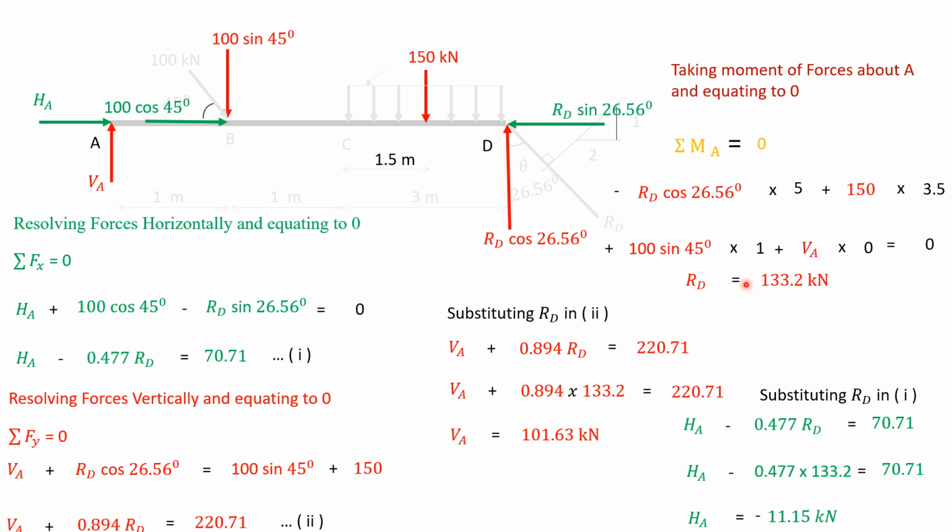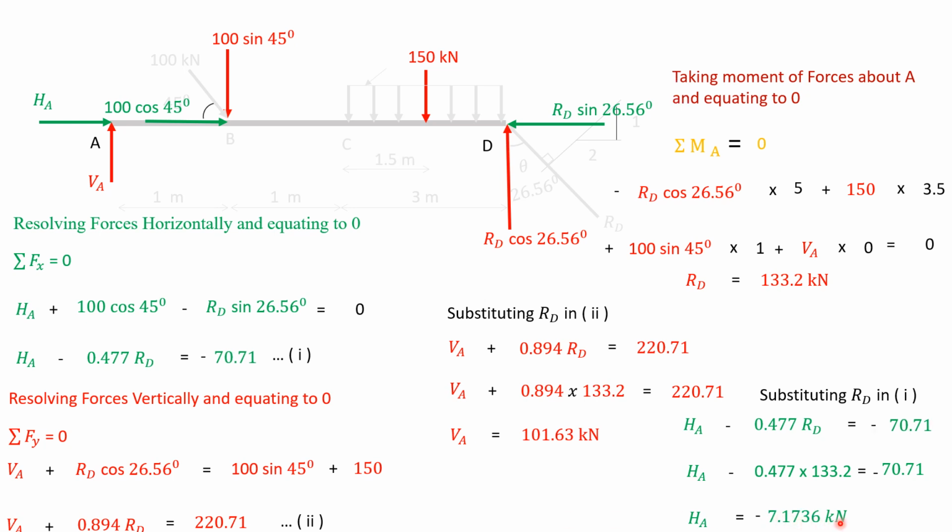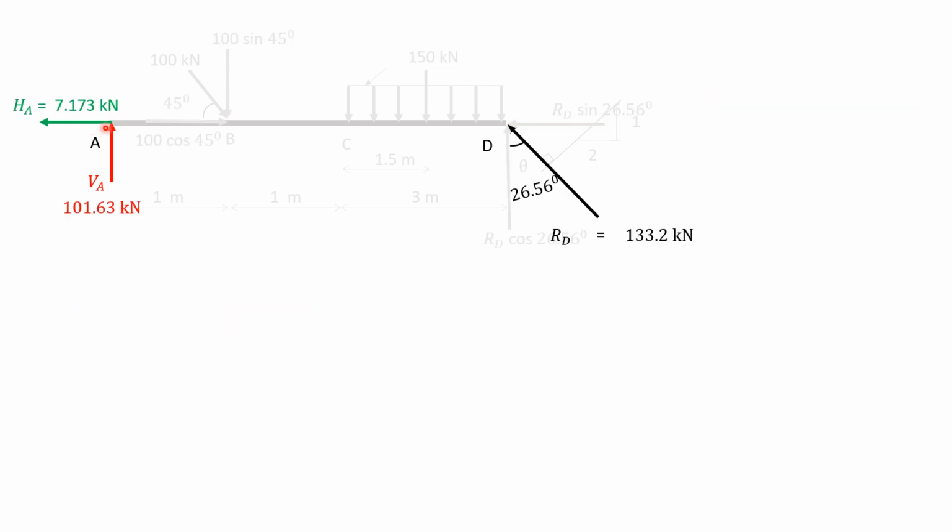Substituted RD value in 2, we got VA value, and substituted RD value in 1, we got HA value. Here HA is negative, and it says that what we have taken as HA direction is wrong. We have to reverse this direction. So after reversing the direction, this is the correct value of HA and the direction. We have HA value, VA value, and RD value.